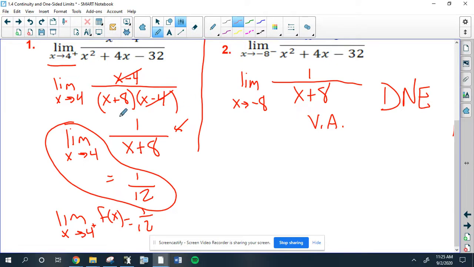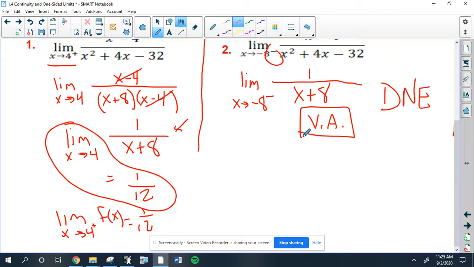So you know that this limit does not exist either. Now, the only addition you could say to this, for one-sided limits, you can specifically say, instead of saying vertical asymptote, that this goes to positive or negative infinity. For regular limits, you can't say that because each side may go to a different infinity. But a one-sided limit is either going to positive or negative infinity.